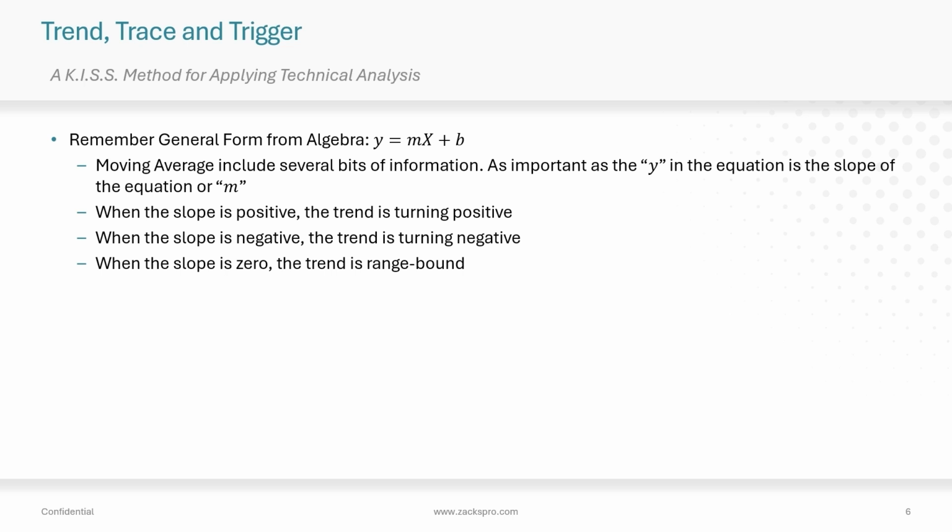So for moving averages, just as important as where that moving average is right now is the slope of this equation, which is the m. So when the slope is positive, the trend is turning positive. Slope is negative, trend is turning negative. And when the slope is 0, the trend is range bound.